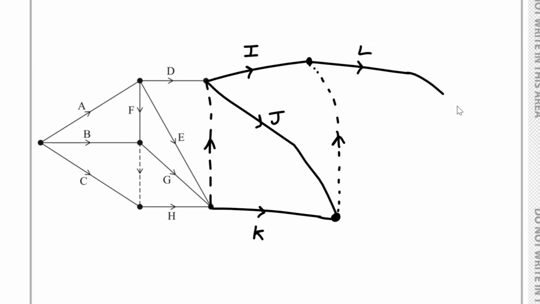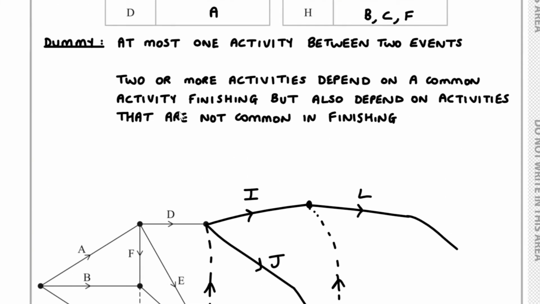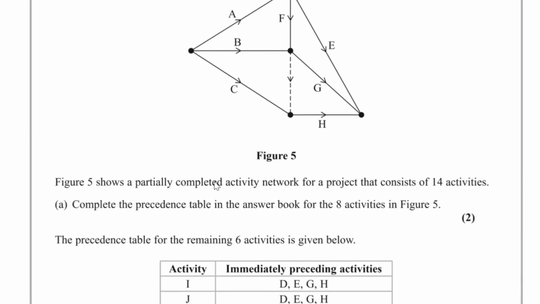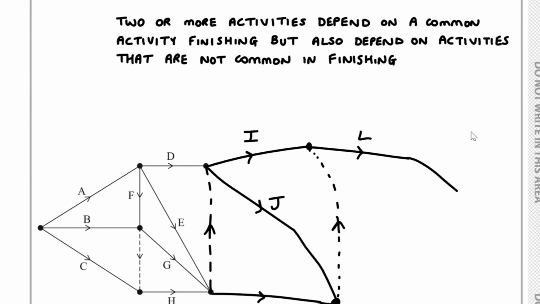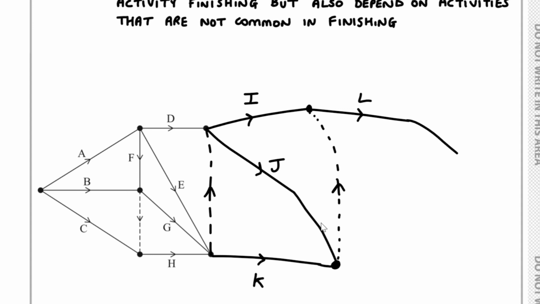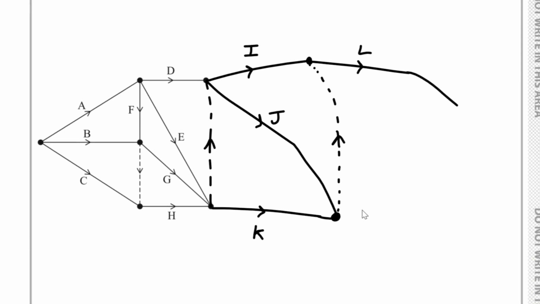So that's L. Now we also have M and N, which depend on J and K. So J and K should go before M and N. So we could have M here and N here.